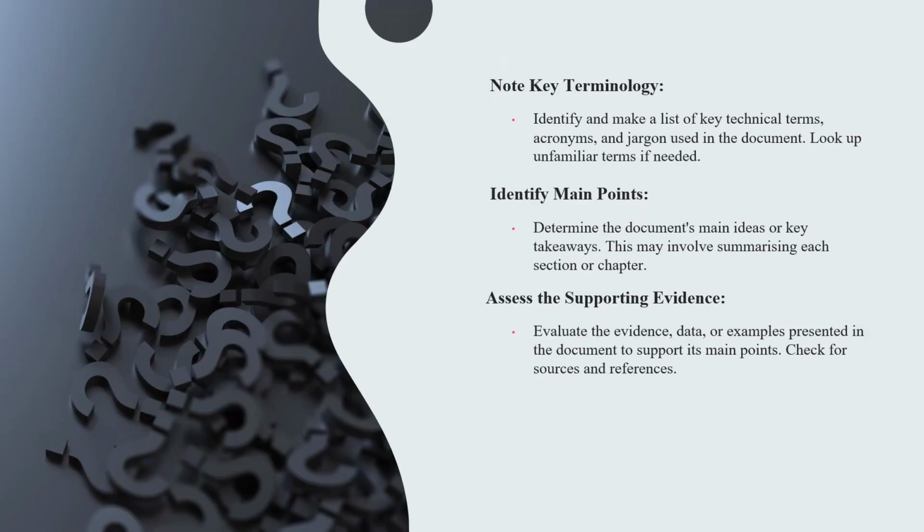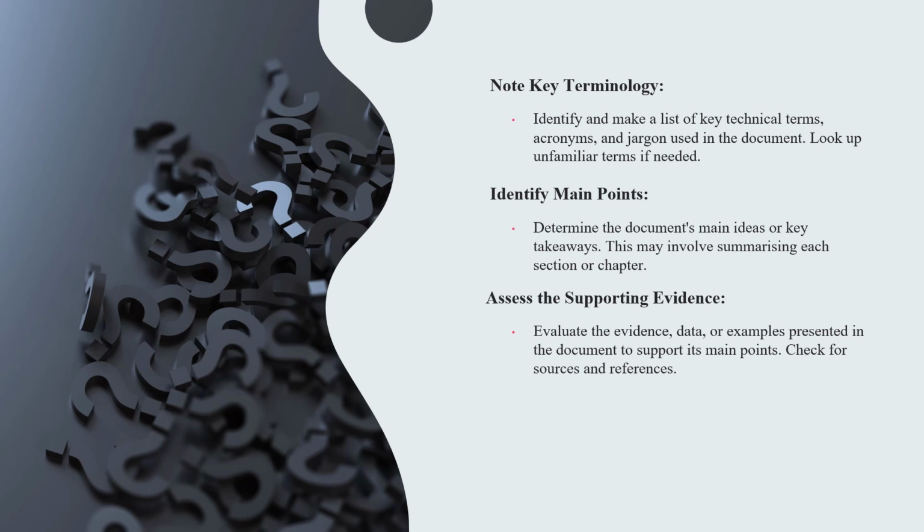Then you identify the key terminology or the terms or jargon used in the document. You can probably see it first in the list of terms at the front matter, and then later on, you can look into the document and try to find out the definition of each term listed.